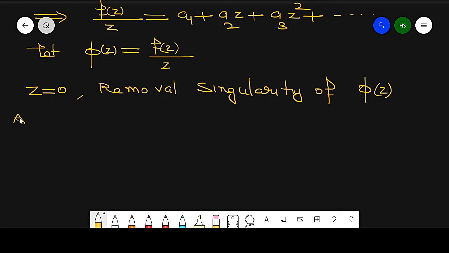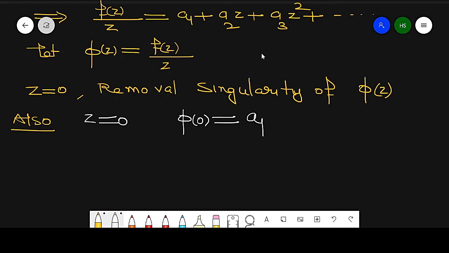Also, in addition to that, if I substitute the value z equal to 0, what is phi(0)? This will become a1 because the other terms will be 0. So phi(0) is equal to a1.